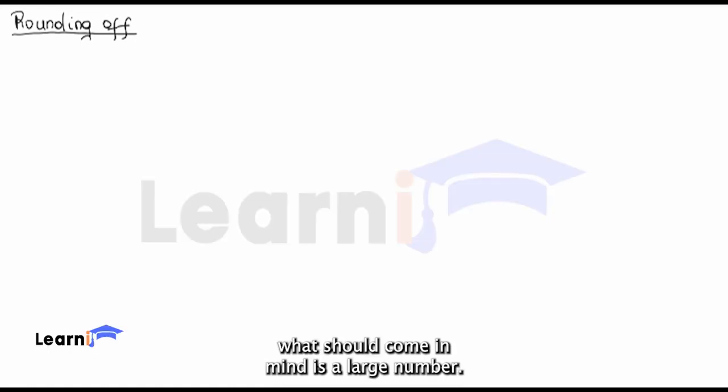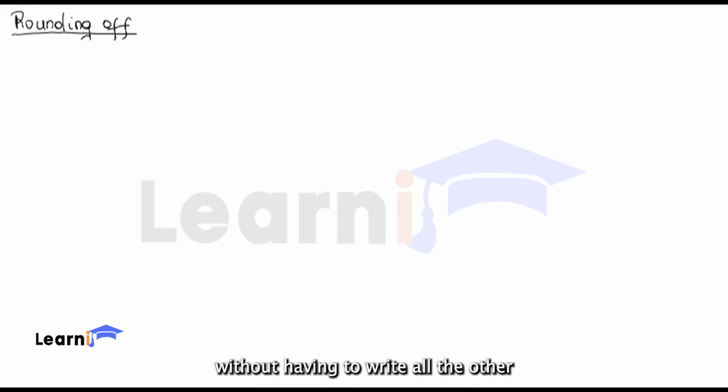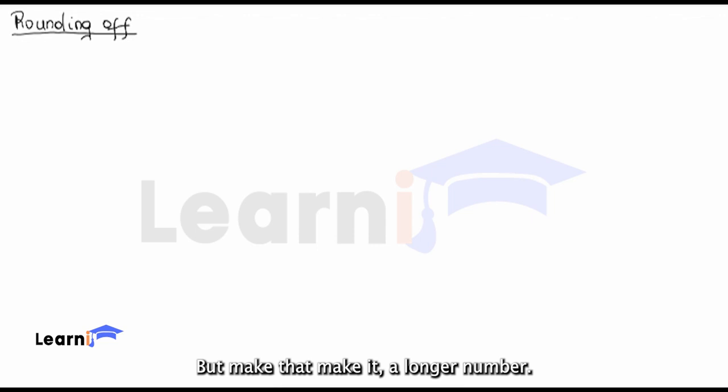Now, each time you are rounding off, what should come to mind is a large number, either a whole number or a decimal number. All we're trying to do is write this number in its shortest form, without having to write all the recurring numbers that come after, or any other numbers that make it a longer number.